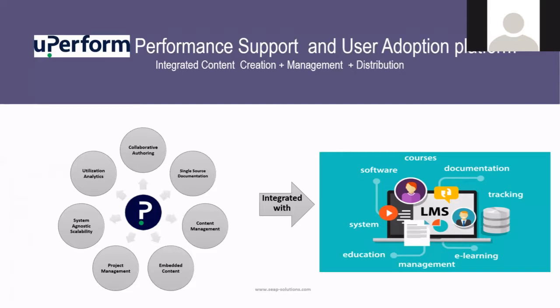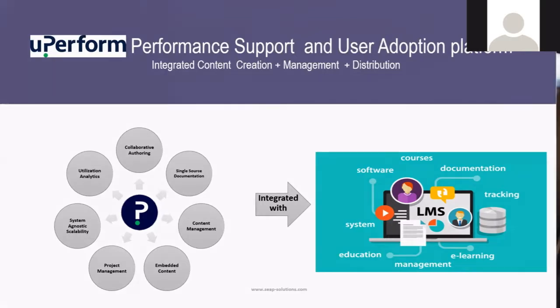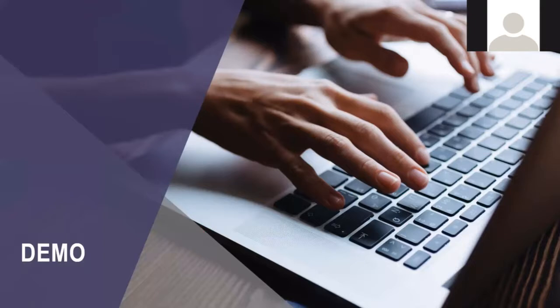It also provides support to your users after the training has been completed. So it has context-sensitive help. And I'm going to show a bit of all these things today in the demo that I have set up for you. So that was my brief PowerPoint. I'm going to go right into the demo now.